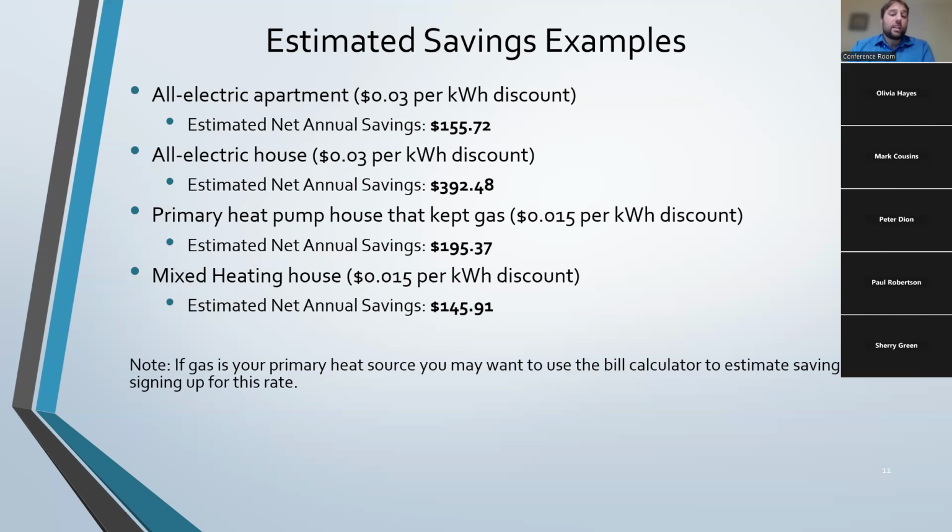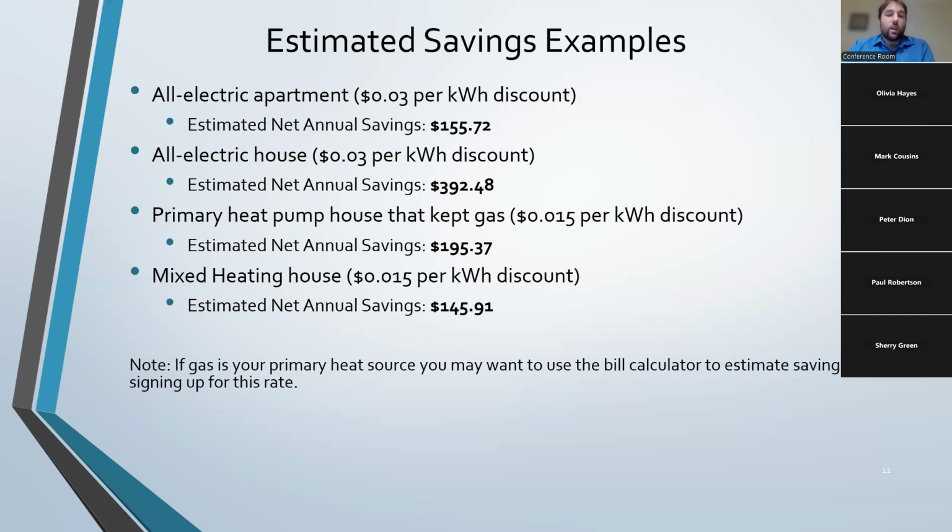And then the mixed heating is a situation where maybe there's no primary, maybe it's primary heat pump, but they still use the gas significantly, I think is that example. And this still shows some savings. Again, it does matter for your individual situation.